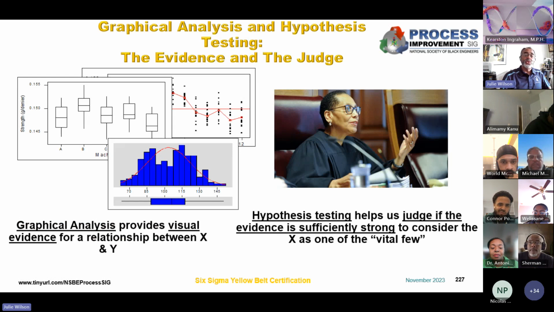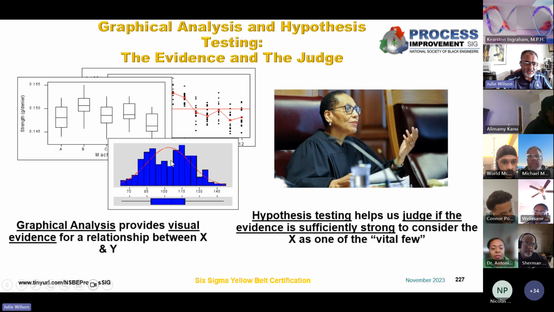So in the Analyze phase, we talked about how we can use various techniques to give us indications of what factors, what inputs, are related to your output. One of the ways in which we can do that is through graphical analysis. We may look at a variety of graphs, and here are some examples in the pictures. They may give us a visual picture that suggests some relationship.